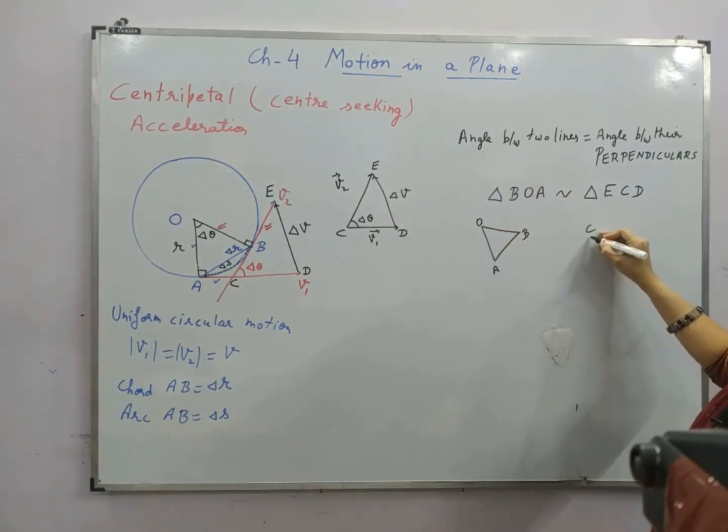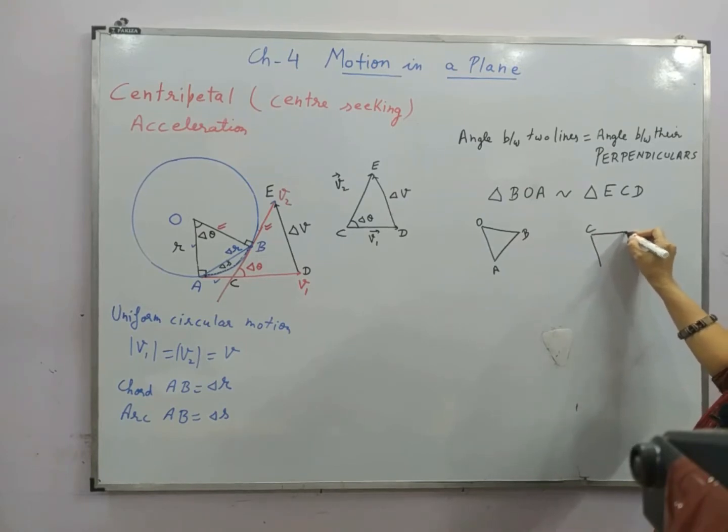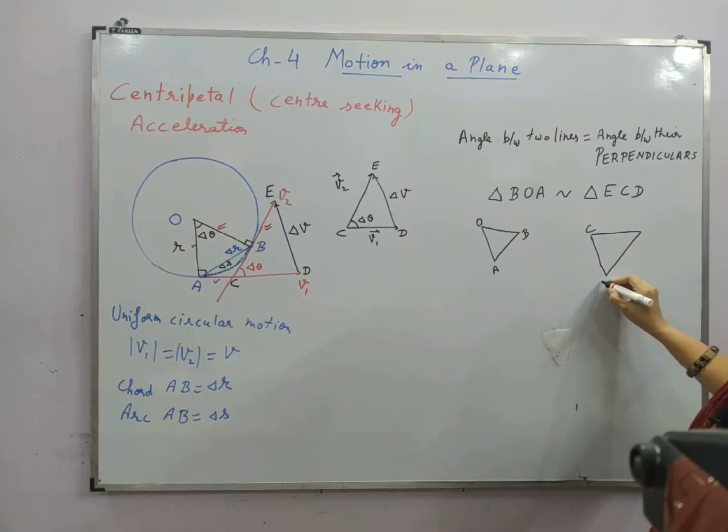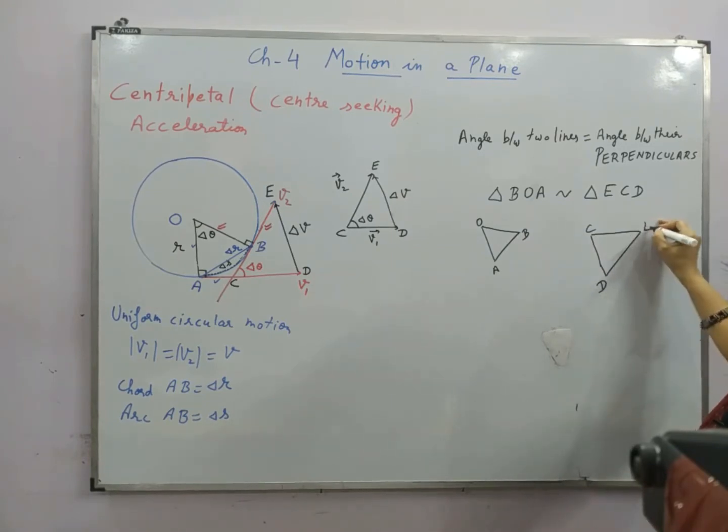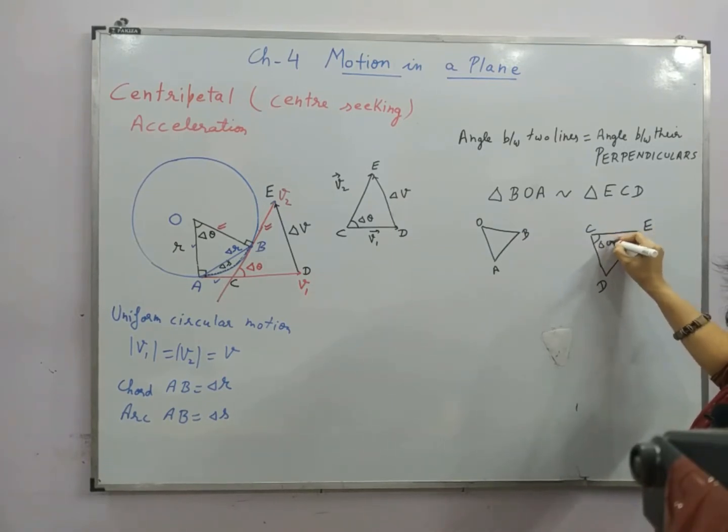So this is your C, this is D, this is E. These angles are equal.